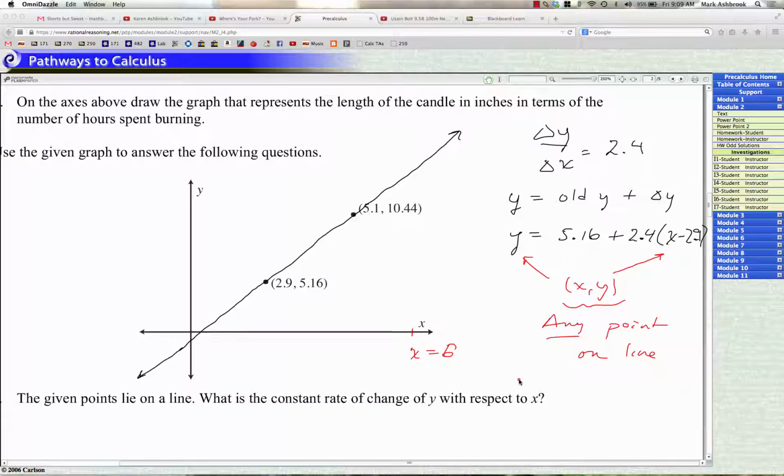I'm not asking for the number, but what will the meaning of that value of y be? It'll be the corresponding y value of that point on the line: 6, comma, whatever you get when you put 6 in. So when you write the equation of the line, you're representing every point on the line.